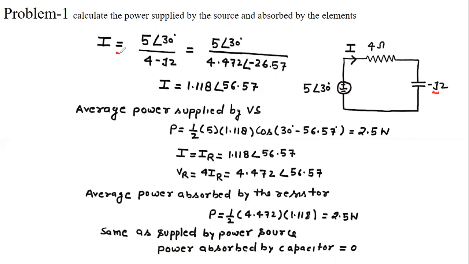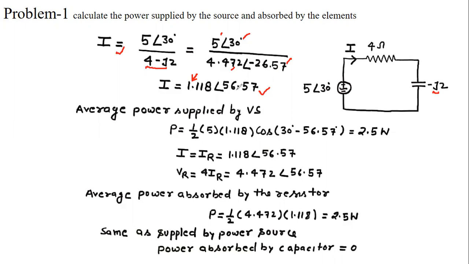Now the current in the circuit I is equivalent to the total voltage divided by 4 minus j2. When we put this into polar form, the magnitude is divided, and if there is an angle in the numerator and denominator, the angles are subtracted. So 30 minus 26.57, wait, 30 minus (minus 26.57), so this is 56.57. One more thing to convey to you: please use the calculator properly.